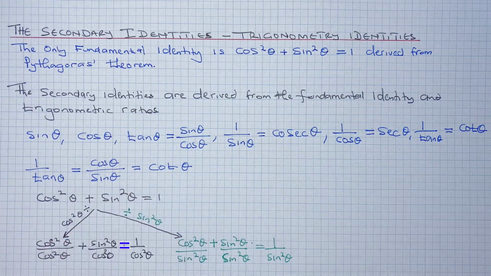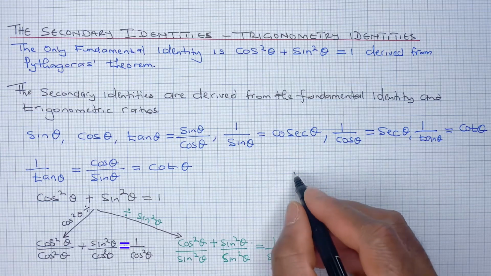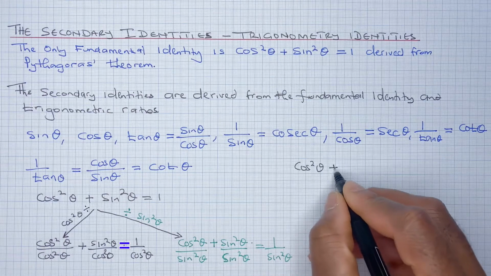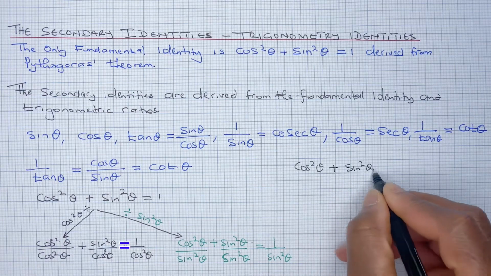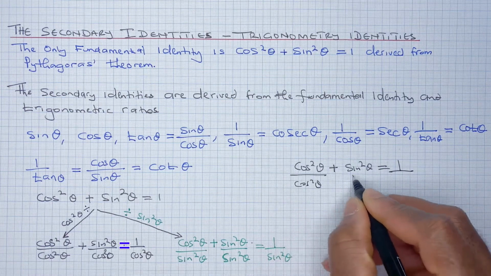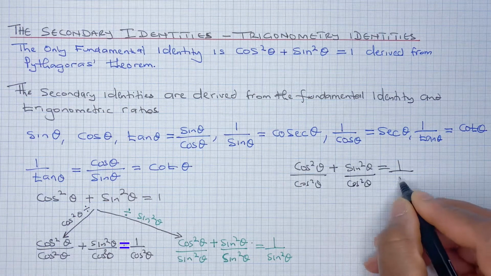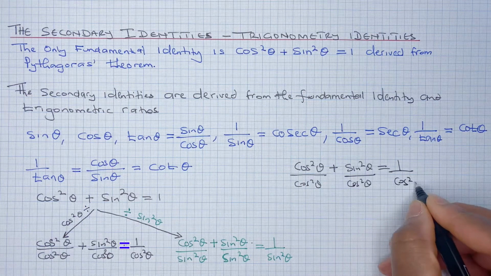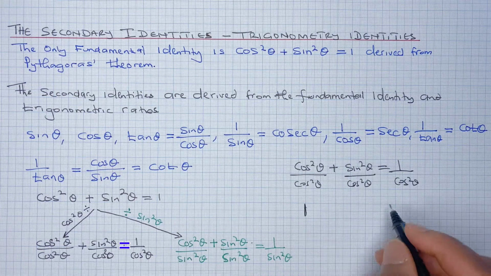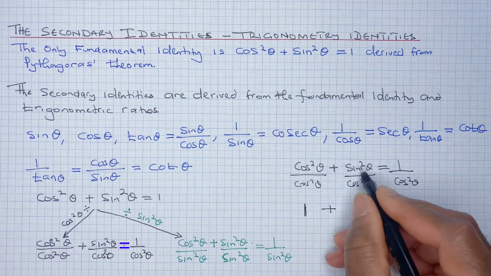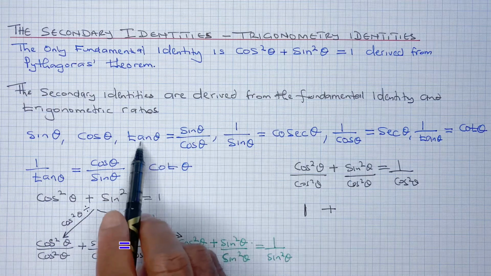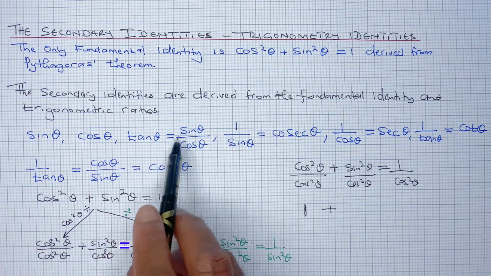So for the first one, we get cos squared theta over cos squared theta, which would just be 1, plus sine squared theta over cos squared theta, which is basically tan squared theta, because if you square this one, you square that.